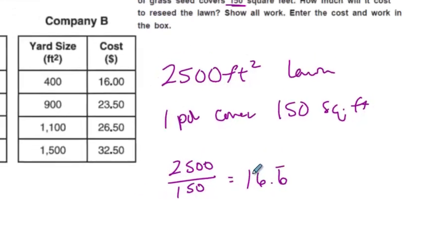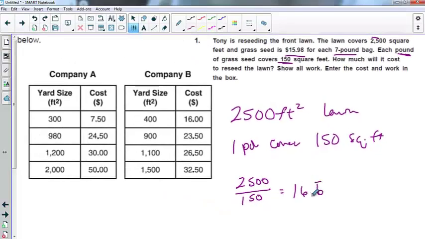16.6 repeating, all right. And then what I want to do, what does it represent? This was the lawn. This was 1 pound.